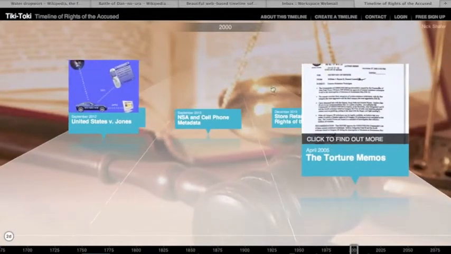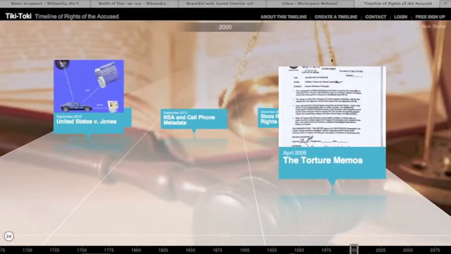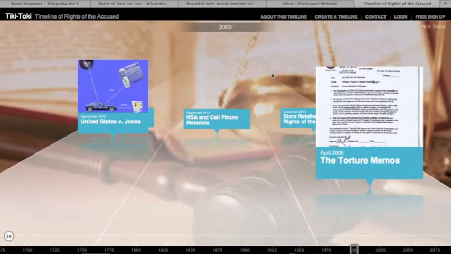The torture memos possibly violated the Eighth Amendment, cruel and unusual punishment. This is a trickier one to talk about because it's not really known if they did it on U.S. citizens, because if they did, that'd be much more of a constitutional issue.